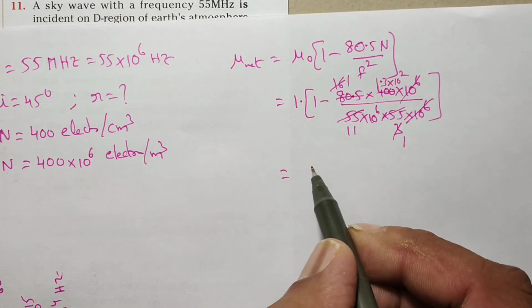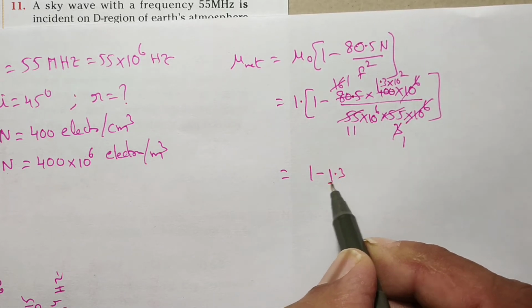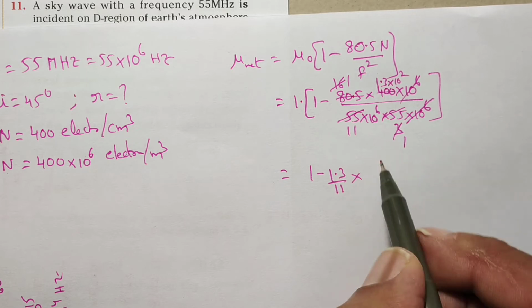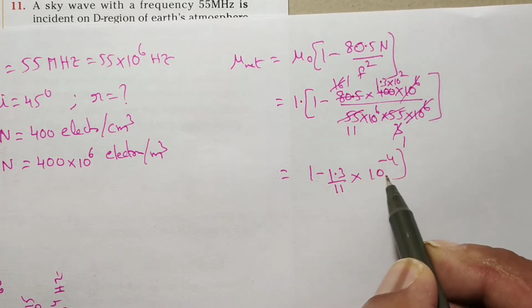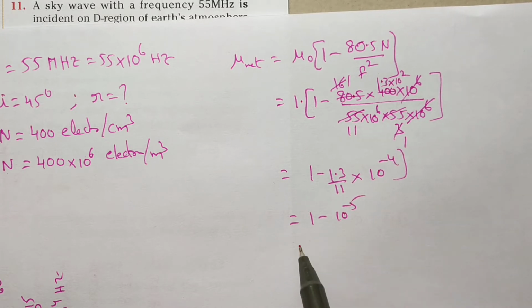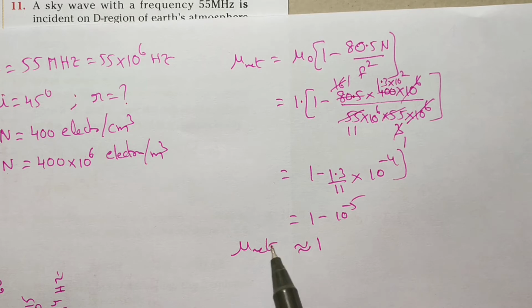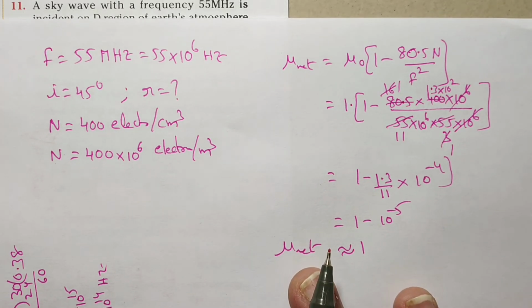So we get 1 minus 1.3 divided by 11 into 10 to the power of minus 4. That means 1 minus 10 to the power of minus 5, which is approximately 1 only. So mu net is approximately 1.